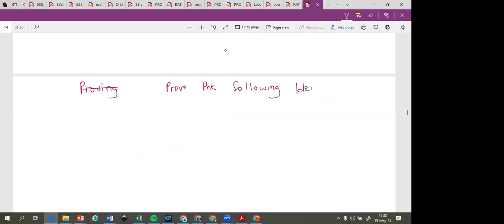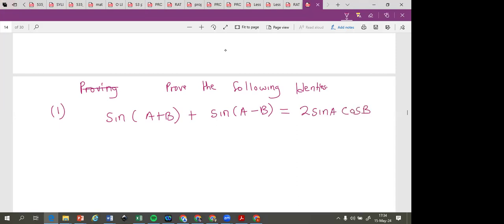The first one, I have sine of a plus b plus sine of a minus b. Prove that it is equal to 2 sine of a cos of b.